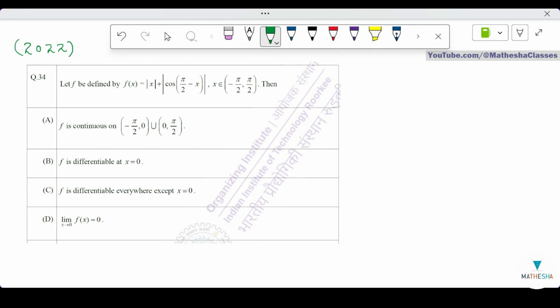Now, we have already provided a solution for this kind of question in our earlier video, but there we missed implementing this modulus while considering cos pi by 2 minus x.